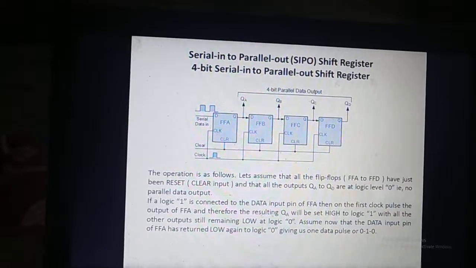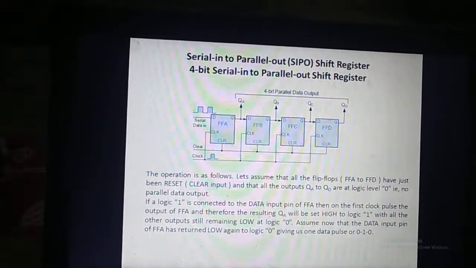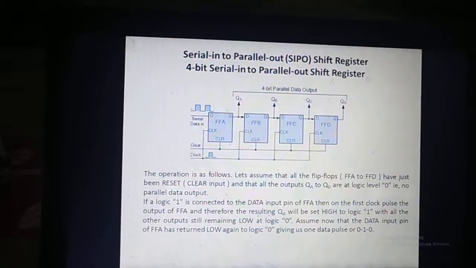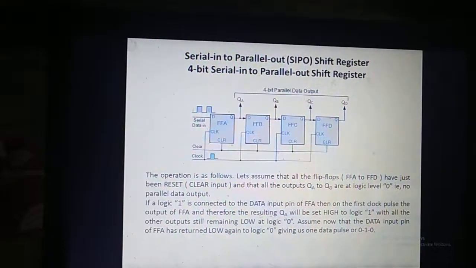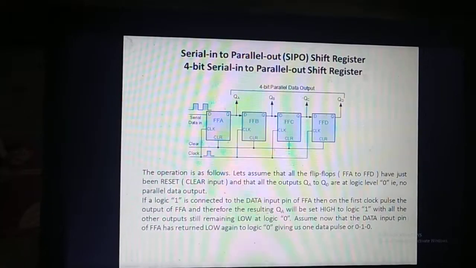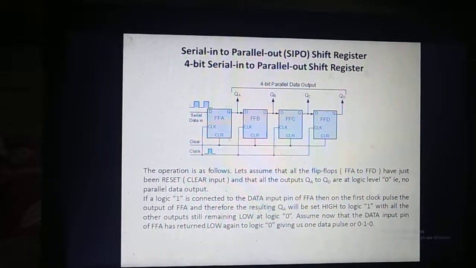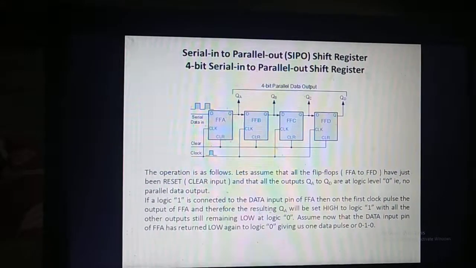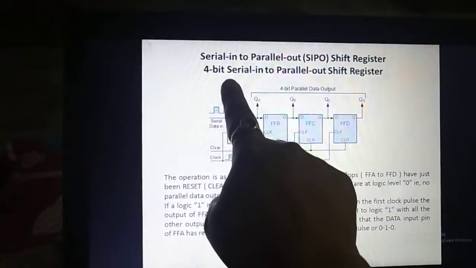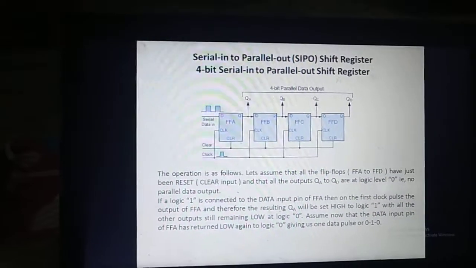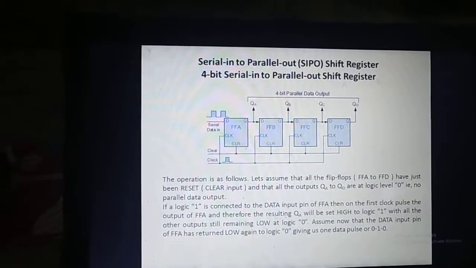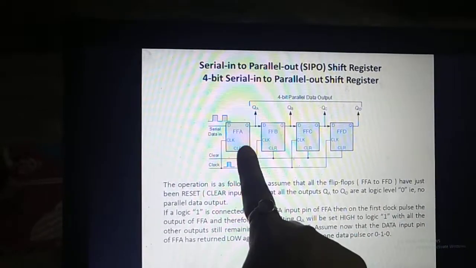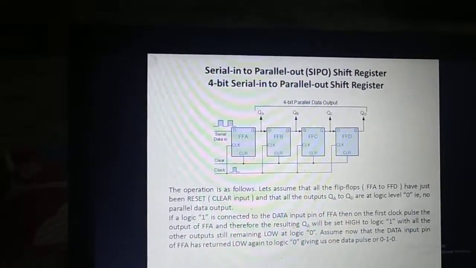So here is the diagram of serial in, parallel out shift register. As I told you earlier, for storing a number of bits we use the same number of D flip-flops. So here we are going to store 4-bit data. For 4-bit data we have to use four D flip-flops because one D flip-flop stores 1 bit.